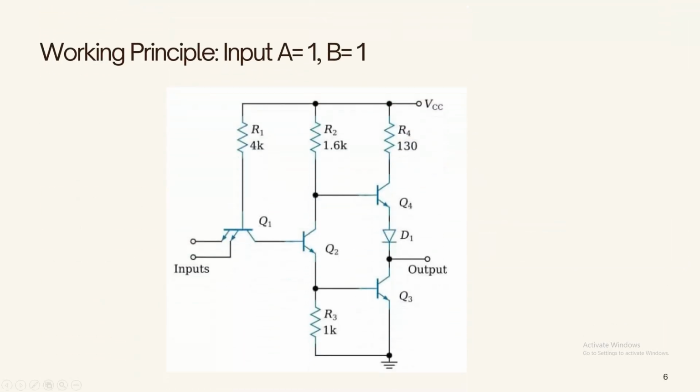So let's say we have both inputs high in this situation. So we can give A equal to 5 volt and B equal to 5 volt. Here, if we want the base emitter junction working as forward bias, then at least we need 5.7 volt at the base of Q1. But as we can see, the VCC is at only 5 volt.